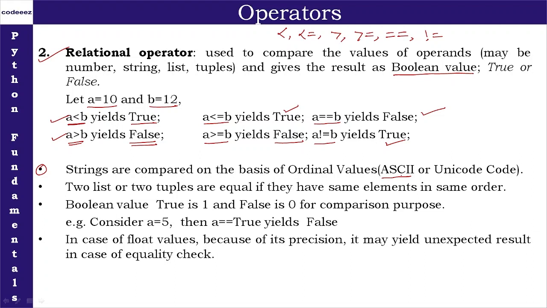So here the comparison is made on the basis of ASCII code. For example, suppose I am making a comparison between two strings. Suppose the value of string 1 is CODEEEZ in capital letters, and string 2 I simply write in lowercase.